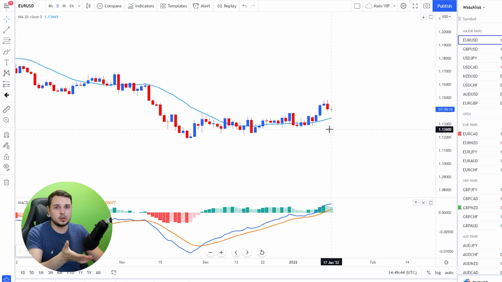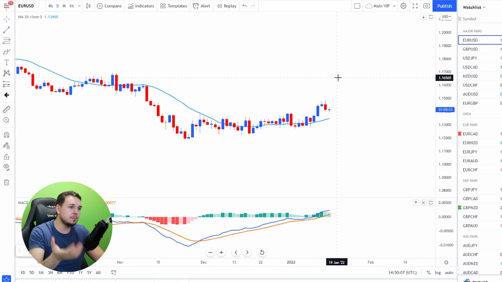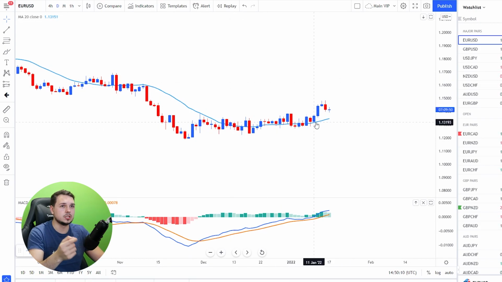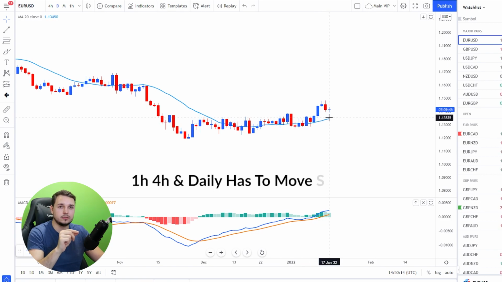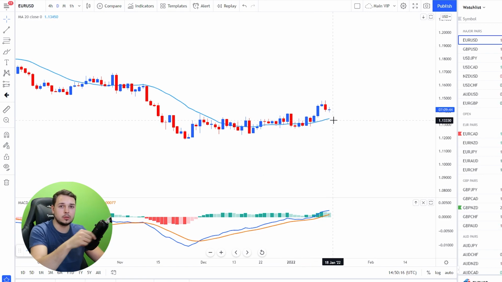Now, for this trading strategy, we really need the market to move in the same direction. What I mean by that is all the moving averages on the daily, 4-hourly and 1-hourly time frames have to be going towards the upside or the downside, the same direction. So we're currently on the daily time frame.